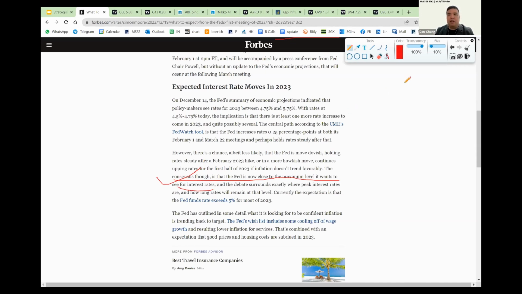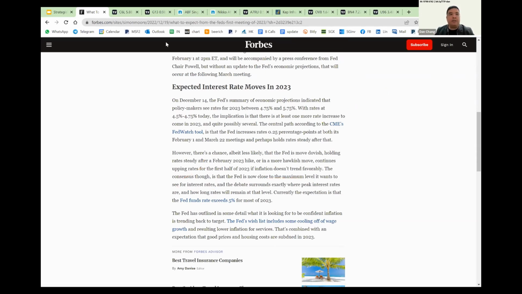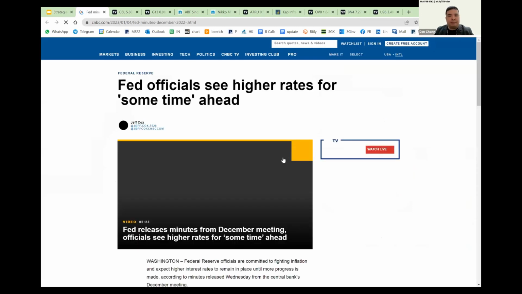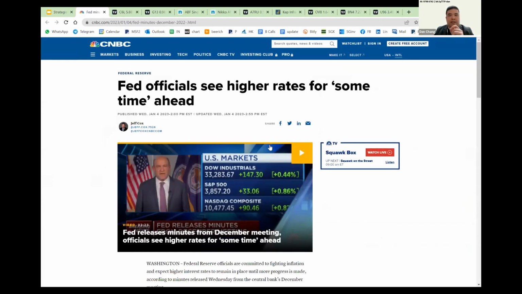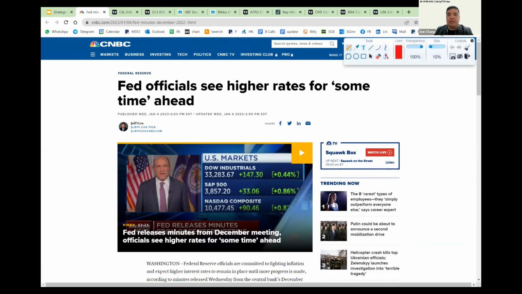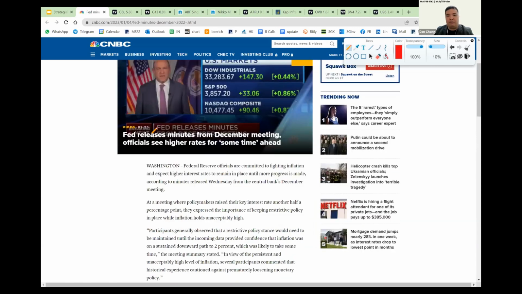However, it seems that the Federal Reserve doesn't share the same sentiment. In its latest FOMC meeting minutes, for the December meeting, the Fed's officers have said that they see higher rates for some time. This is what was actually in the official minutes of the last FOMC meeting.